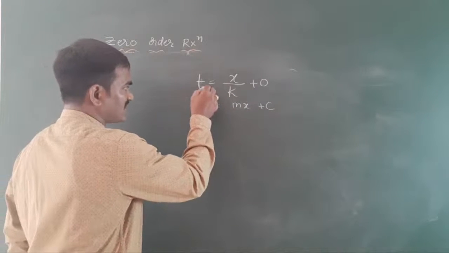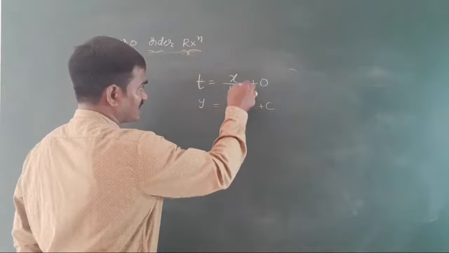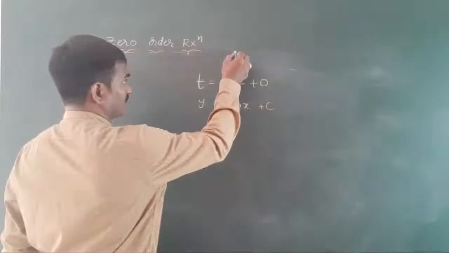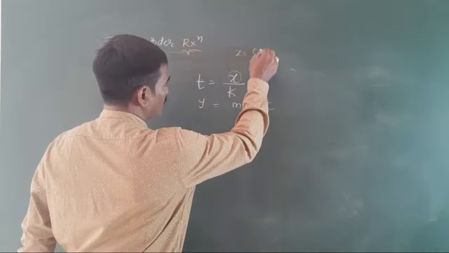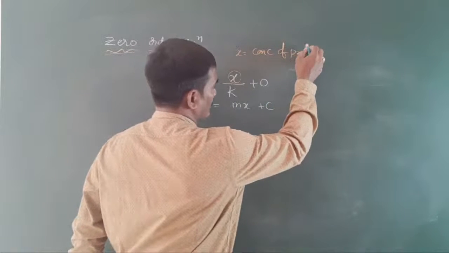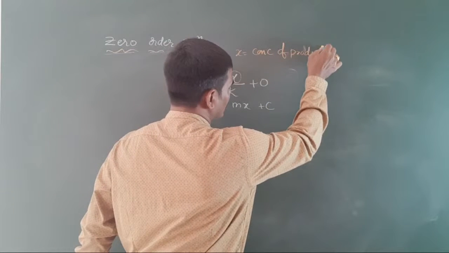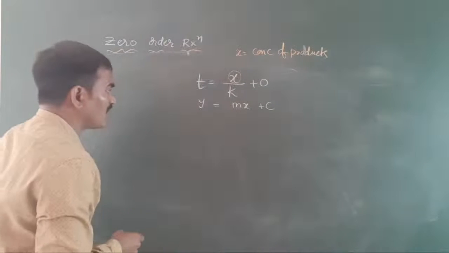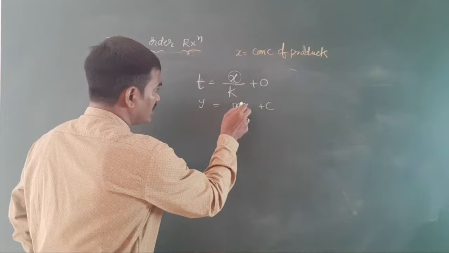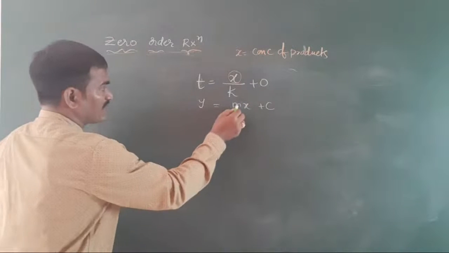On the y-axis, time you take; on the x-axis, the concentration of products. So x is equal to concentration of products. Now here you see m is equal to 1 by k.